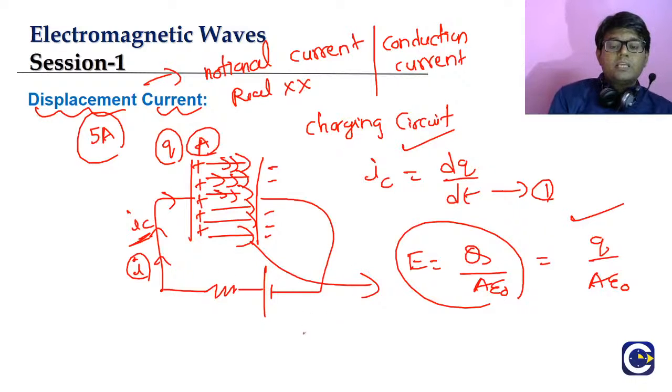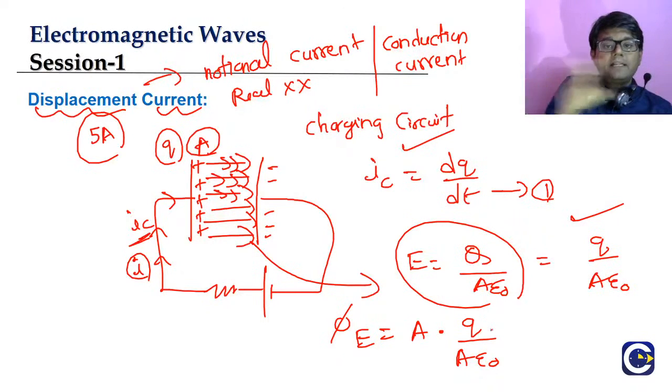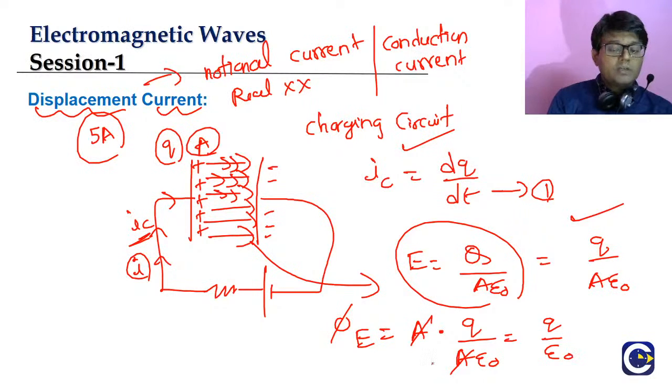So the electric flux will be equal to the area into the electric field value. Normally flux is E dot A. Here the electric field vector and area vector are in the same direction, that is why it will be E into A into cos 0. Cos 0 is 1. So A and A will get cancelled. What is it? q by epsilon naught.